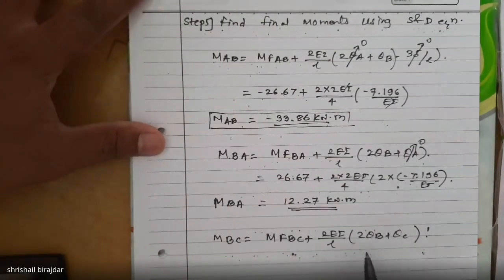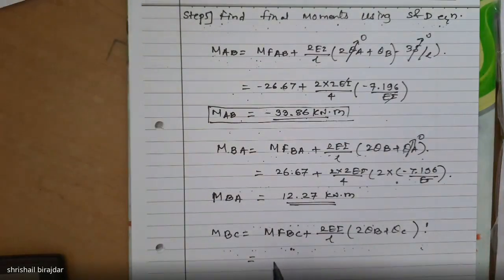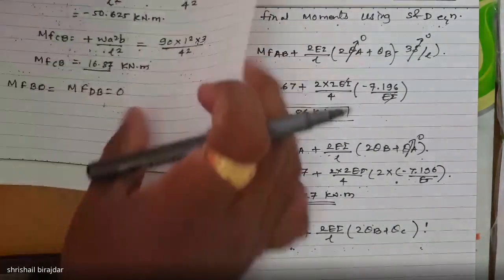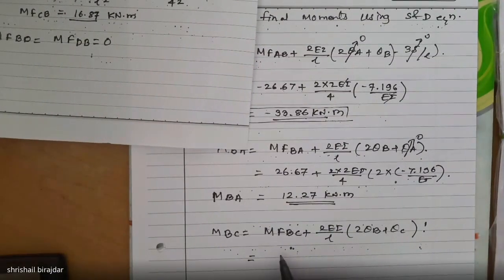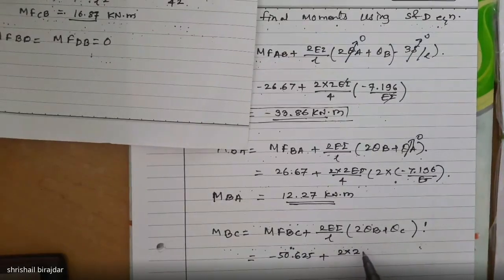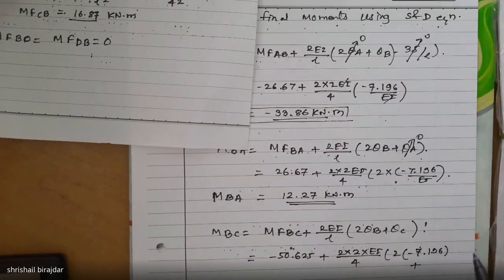You just put the values of theta B and theta C and MFBC, which we already worked out in the fixed end moments. MFBC is minus 50.625 plus 2 multiplied by 2 EI divided by L equal to 4, theta B equal to 7.196, plus theta C equal to how much?